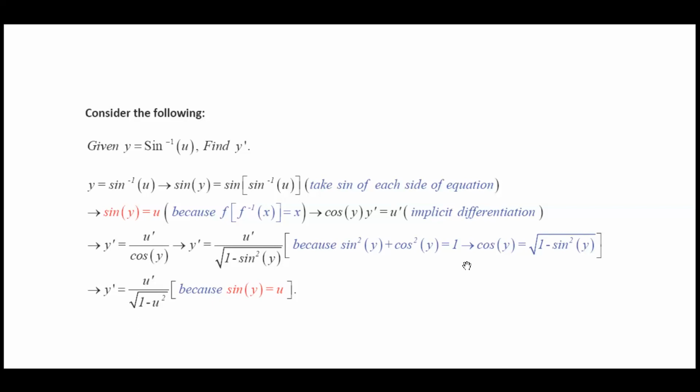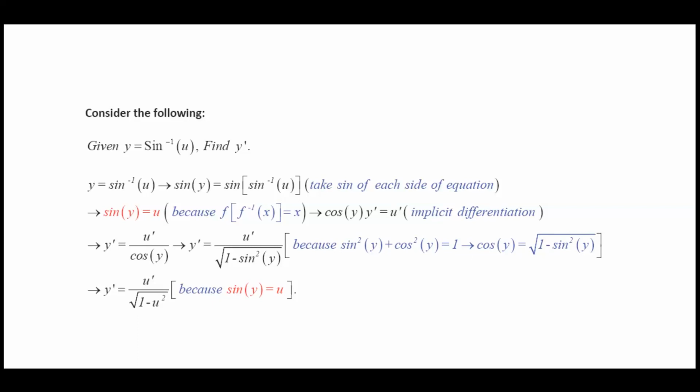So we'll bring the sine squared over to the right-hand side of the equation. That means we'll subtract it, and then we'll take the square root of each side of the equation. Remember, the square root of the cosine squared of y is cosine of y. Of course, this just leaves us with the cosine of y equals the square root of 1 minus sine squared. And so we will substitute this quantity in for the cosine of y, and that's done there.